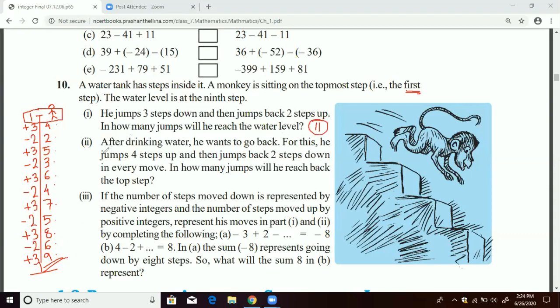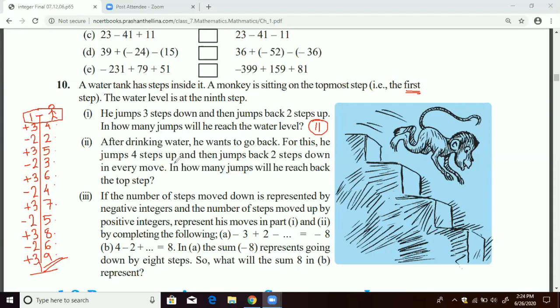Now come to the second part of the question. After drinking water, he wants to go back. For this, he jumps 4 steps up and then jumps back 2 steps down in every move. In how many jumps will he reach back to the top step? Now, after drinking the water, the monkey has another habit.